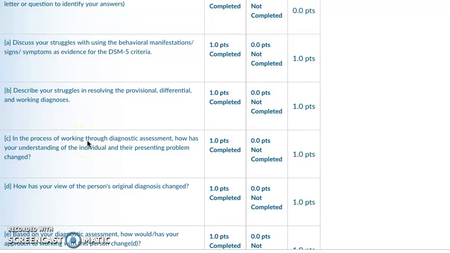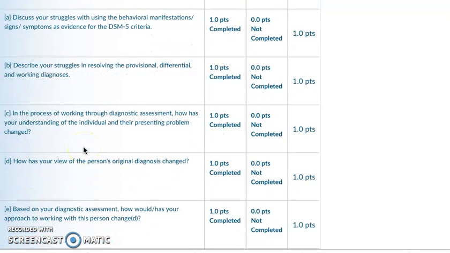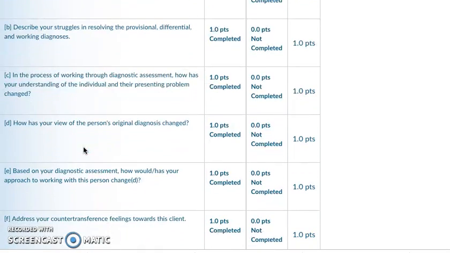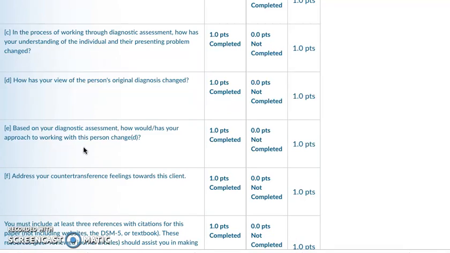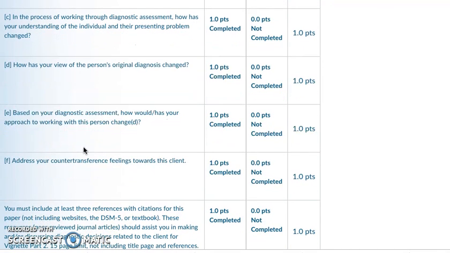As you were working through, how did this diagnostic assessment help you better understand the person's problems? So this part of your vignette 2 is really your assessment of your own diagnostic process. And then based on your diagnostic assessment, how is that going to impact your work with the client? How are you going to use this in your work with your client?